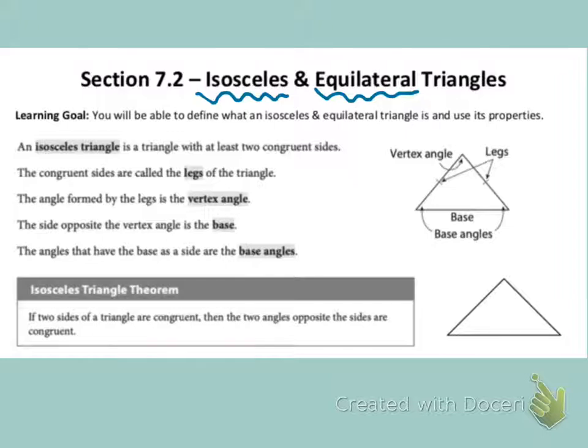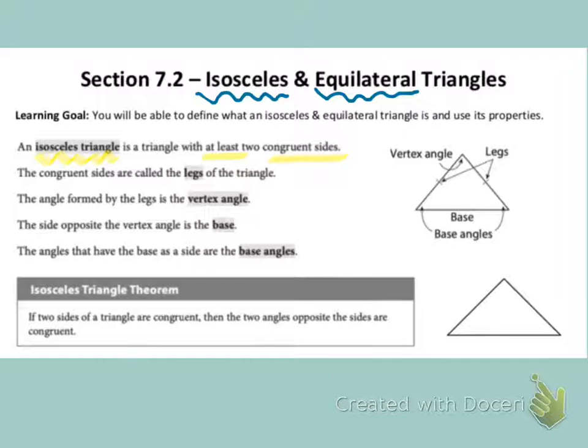So an isosceles triangle is a triangle with at least two congruent sides. That phrase "at least" is really important. If it has two sides that are equal, it's isosceles. If it has three sides that are equal, which means all three sides, since a triangle only has three sides, it also means it's isosceles.